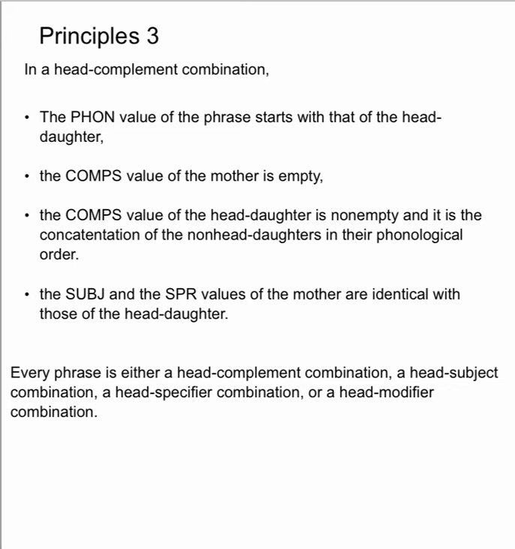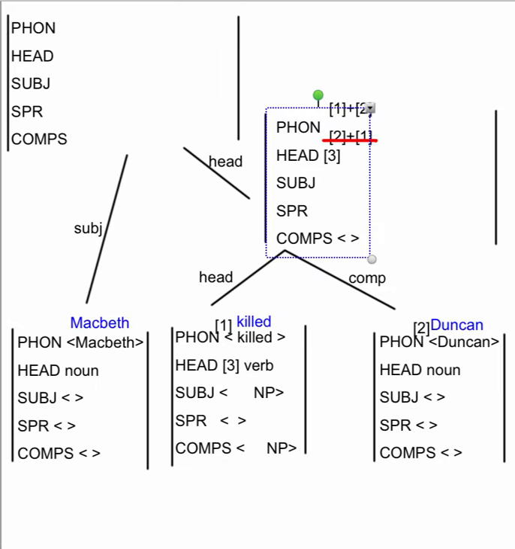The comps value of the head daughter is non-empty, and it is the concatenation of the non-head daughters in their phonological order. The comps value of killed is non-empty, and we should see that it is a list that has the complements in the order in which they occur in the sentence.